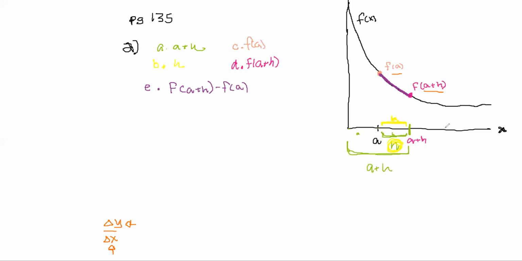And so then what they want us to do is use your answers to represent the quantity f of A plus h minus f of A over h as the slope of a line on the graph. And so this is actually the answer not to E, but to F. Does that make sense? Because this is the line on the graph.